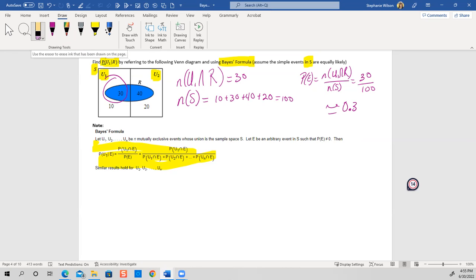All right, so we know that much. Now let's look at the 2. Let's look at what happens in 2 because R occurs in both places, not just 1. So if I want to find the probability of this happening in the group 2, well, it's 40 in group 2 and the total sample hasn't changed. So we got 0.4. So we're doing good.